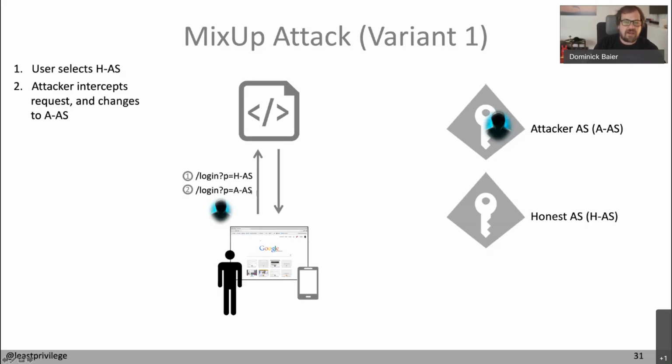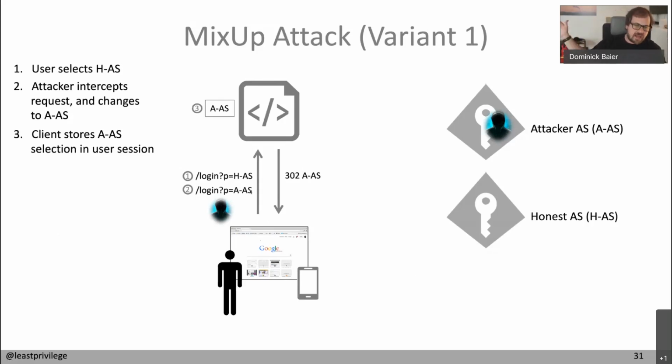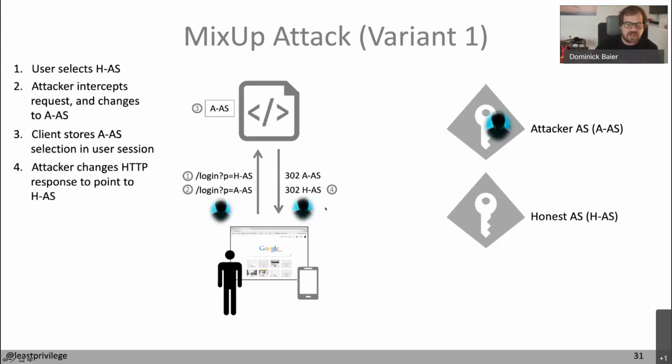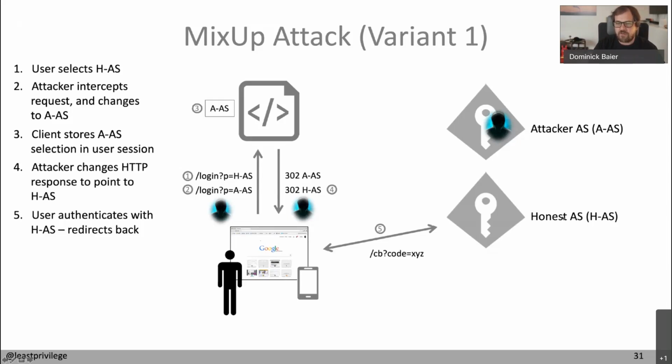So the client application will think, okay, he selected the attacker AS, let's send him to the attacker AS. Now, on the way back, the attacker again is able to modify the traffic and switches it back to the honest AS, so the browser will actually go to the selected authorization server. Okay, so the user will not see any difference. Now he will authenticate and so on and so forth. The authorization server will send back the authorization code. The code will go back to the client.